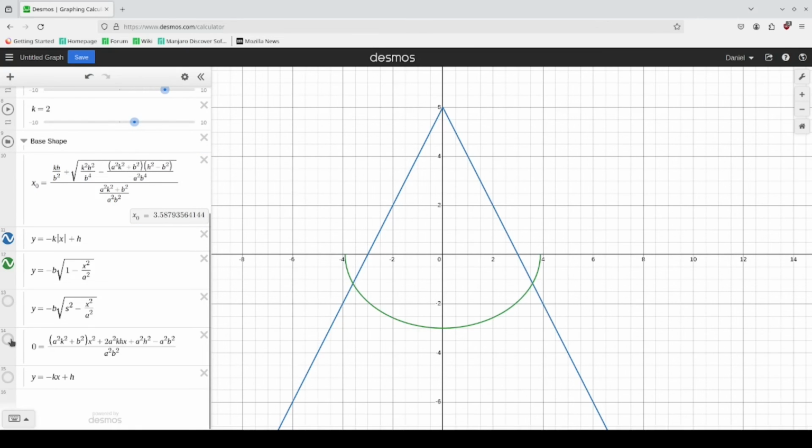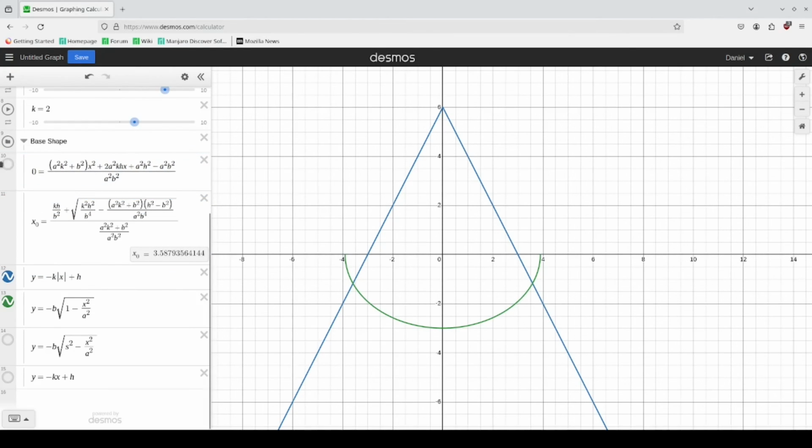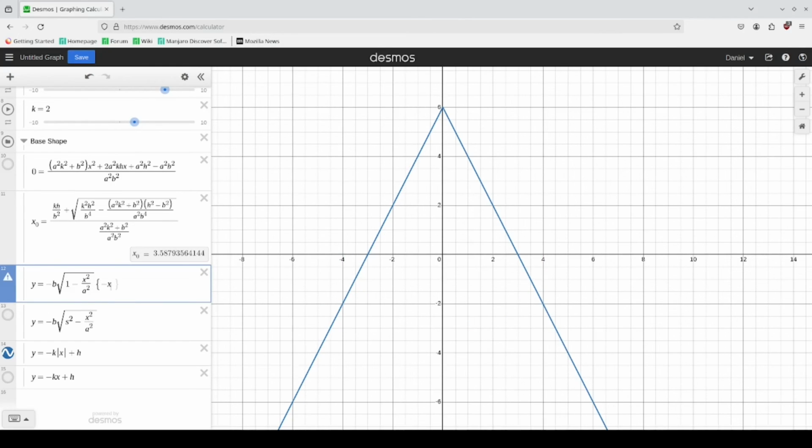I'm gonna move this up. Okay, this is a little more organized, and this is going to go from -x0 to +x0.